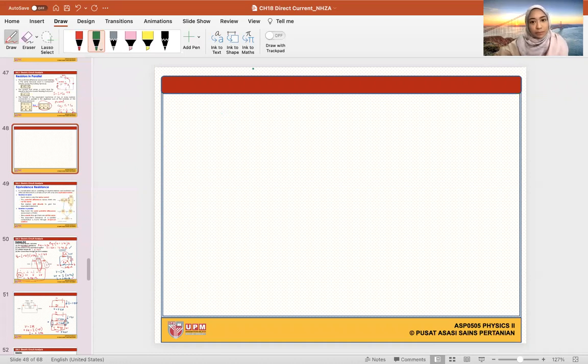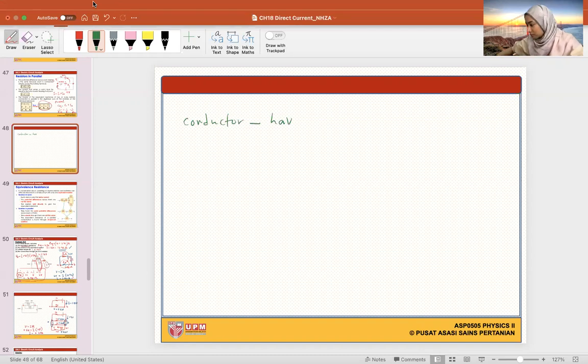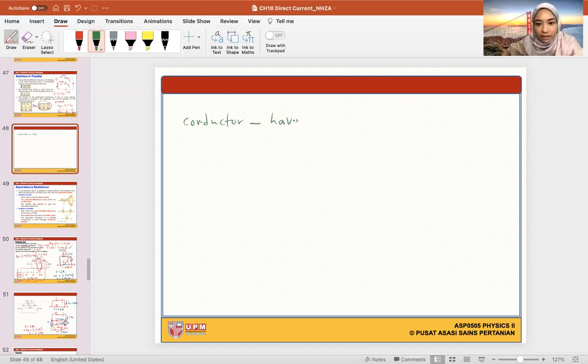Okay, so let's do a recap. Chapter 18, right? So what have we learned so far about chapter 18? We talked about semiconductors, conductors, and insulators, and in general, we know that conductors have high conductivity and low resistance.